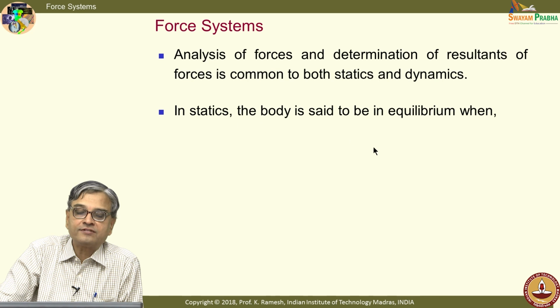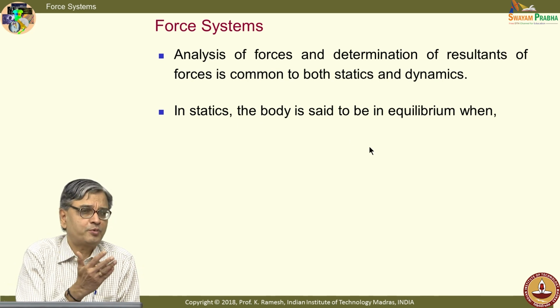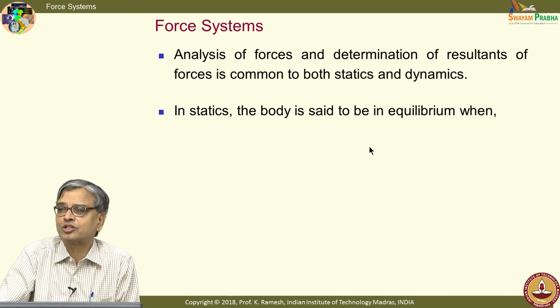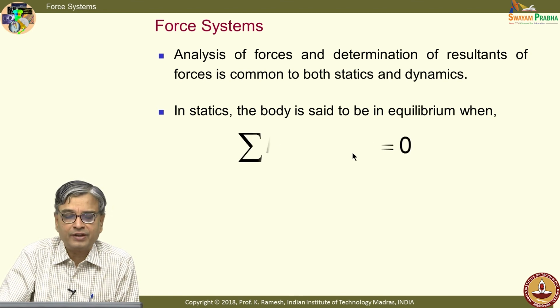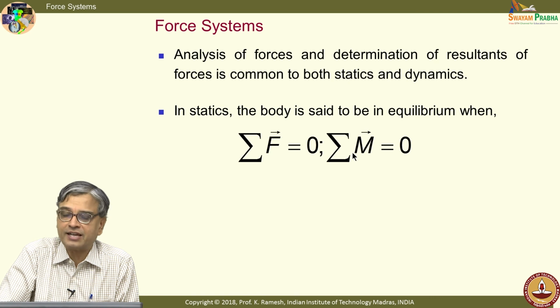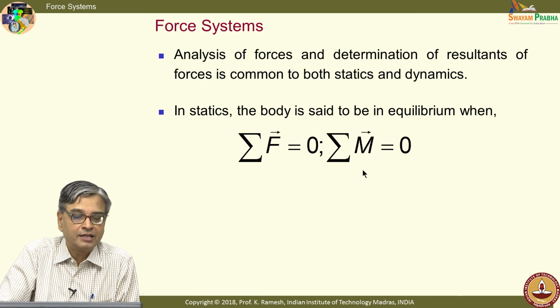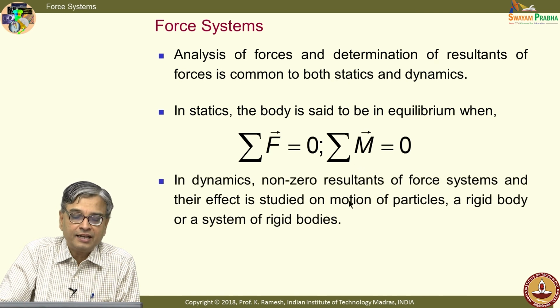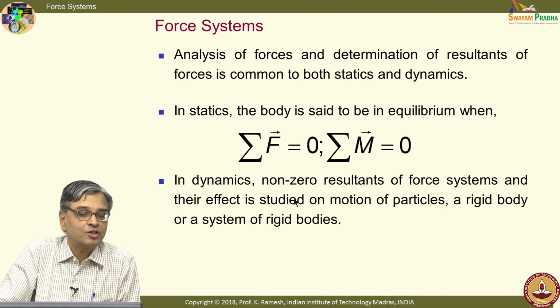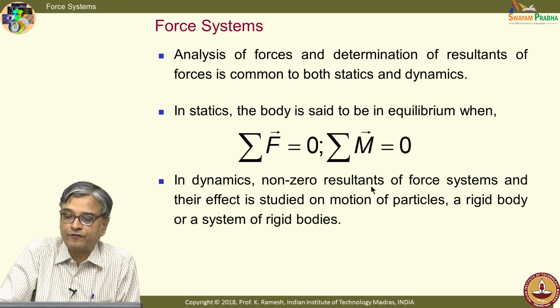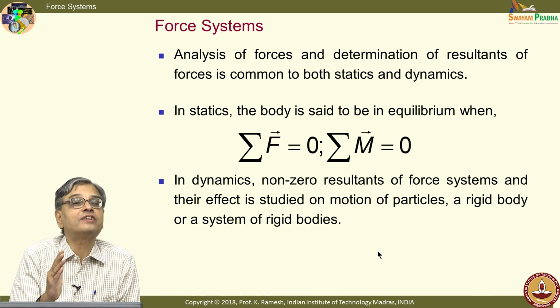In statics, the body is said to be in equilibrium. You must have been told, probably you had exposure to that, I am not quite sure. When F equals 0 and M equals 0, you say the body is in equilibrium. On the other hand, in dynamics, you have non-zero resultants of force systems, and their effect is studied on the motion of particles, a rigid body or a system of rigid bodies.